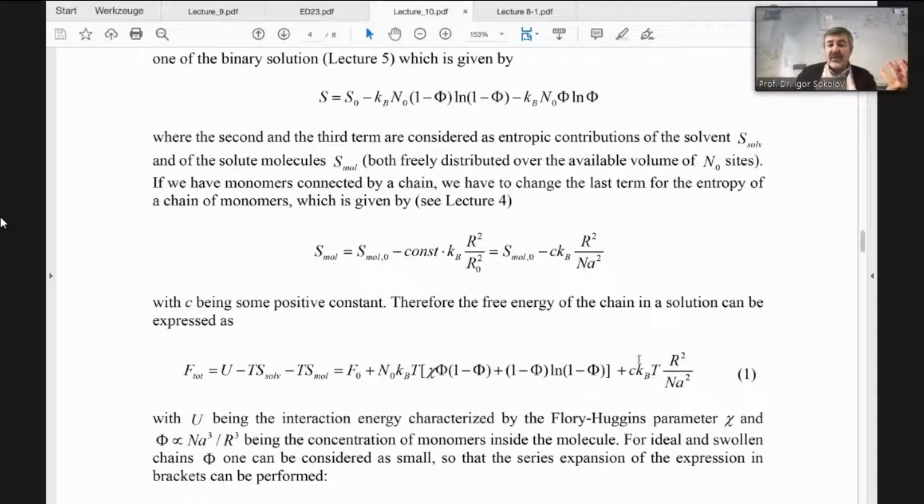And instead of considering in my theory the translational entropy of many molecules, I am now within one molecule, and I'm considering the change in the entropy of the molecule due to change of its internal conformation. This is exactly the term which I have fully neglected when I had many molecules.